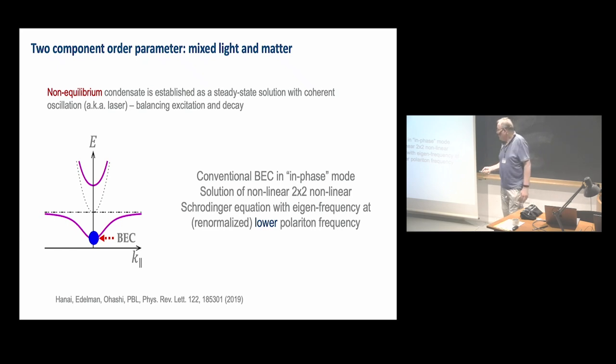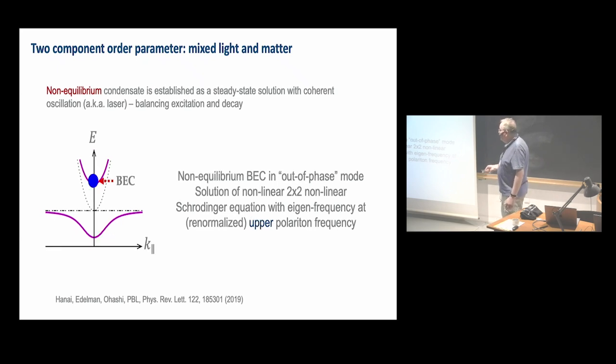Now, you might say, well, why don't I make a condensate up here? This is, after all, non-equilibrium anyway. Suppose I could find a way of just populating the upper level. And that's also, presumably, if you can make it, a BEC in some kind of outer phase mode. But physically it would look different from this. It would come at a different energy.